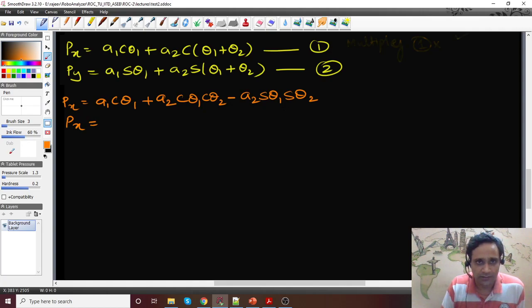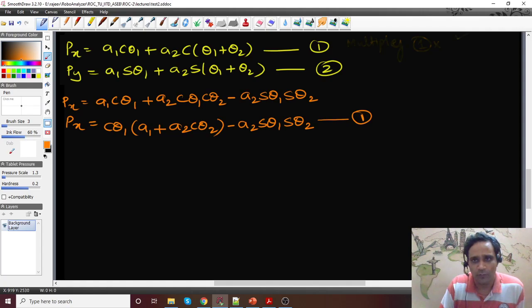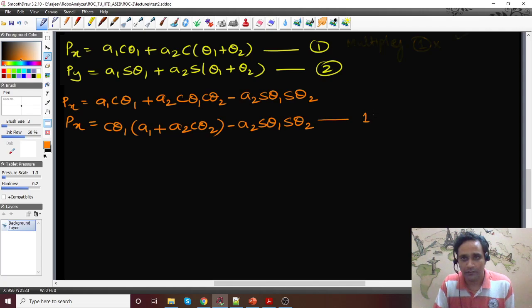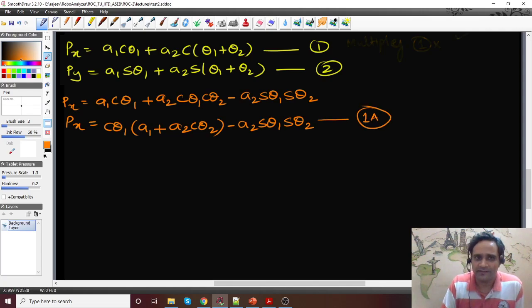Here I'll combine cos theta 1 into (a1 plus a2 cos theta 2), minus a2 sin theta 1 sin theta 2. This is still equation 1, let me call it 1a, because 1 and 1a are the same. We have just manipulated a bit.